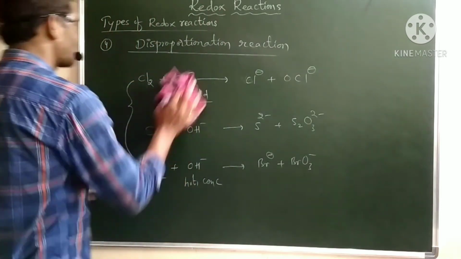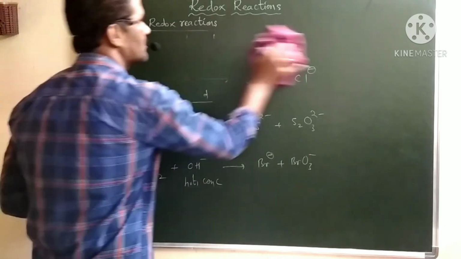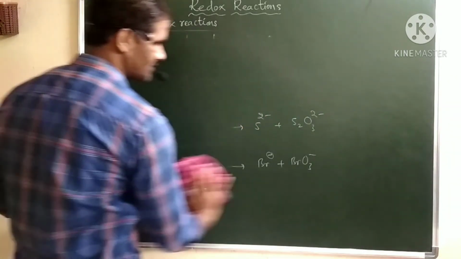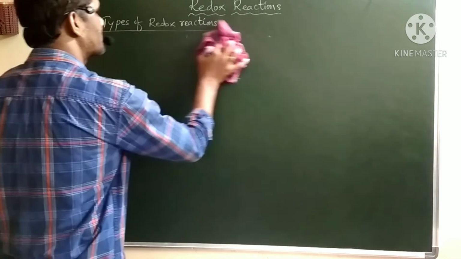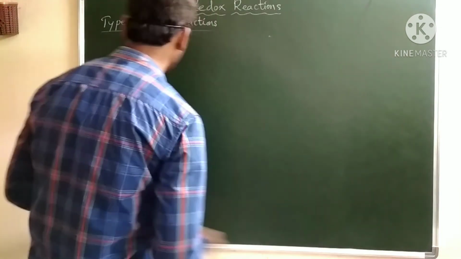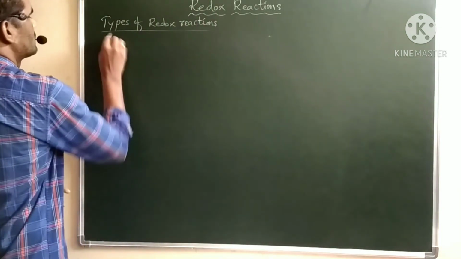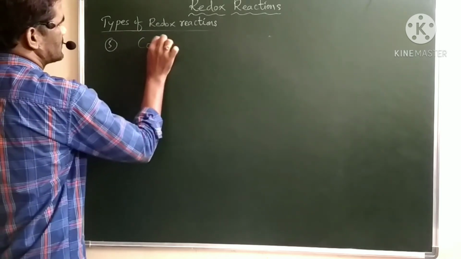And the next type of reaction we have, the fifth one, is comproportionation reaction. This is quite opposite to the disproportionation reaction.